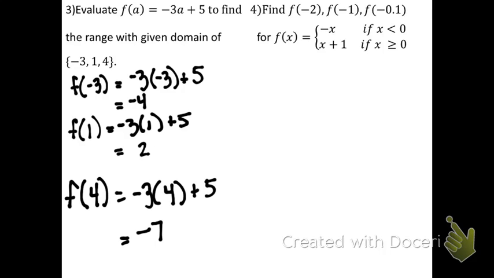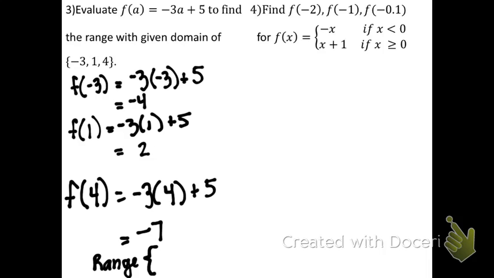Okay, so now we have three answers. We have 14, 2, and negative 7. So we have to write out our range. Our range is going to be a set of numbers. So we use set notation, which looks like curly braces.